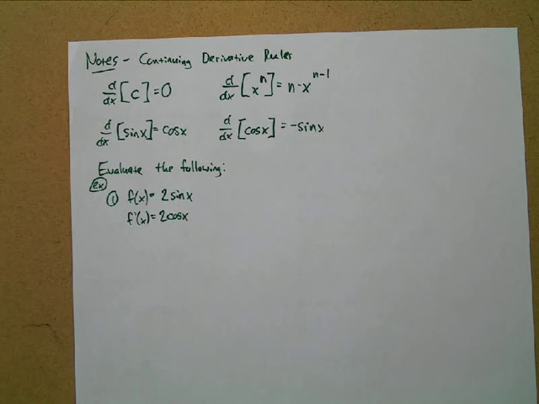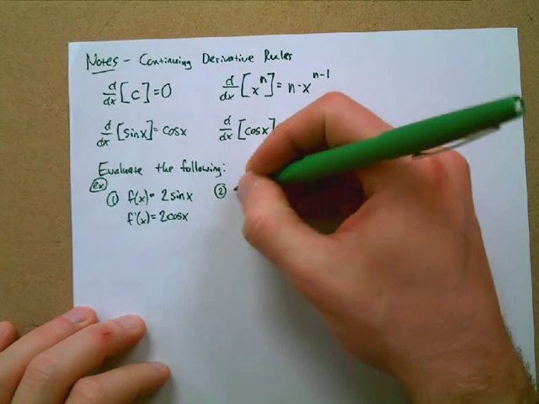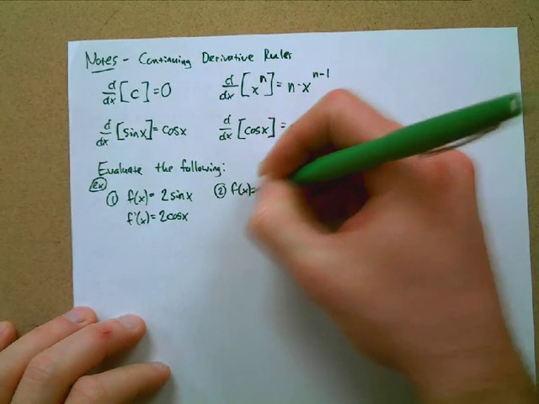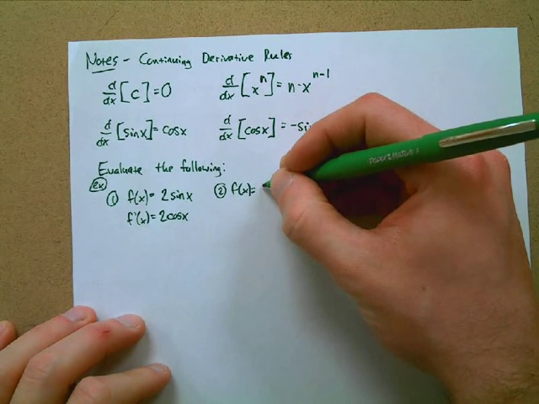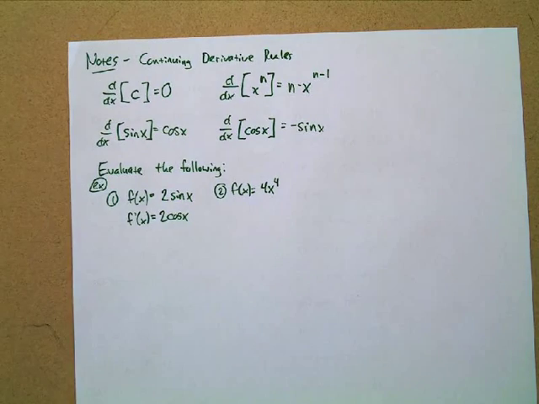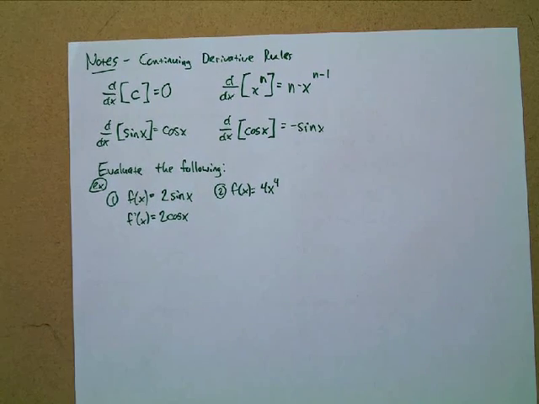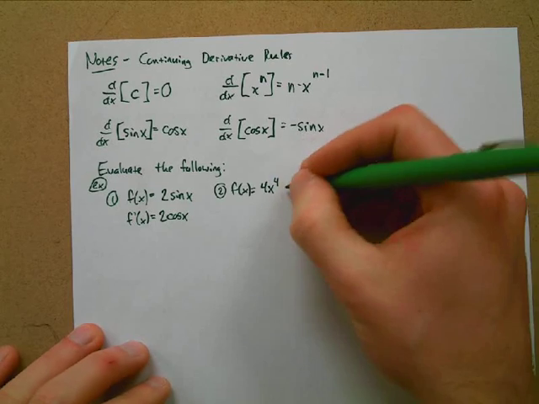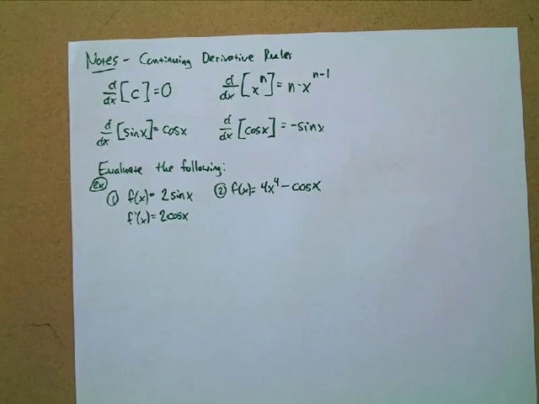All right. Let's try another one here. How about 4x to the fourth minus the cosine of x. Oh, I guess I want to assign like the derivative.